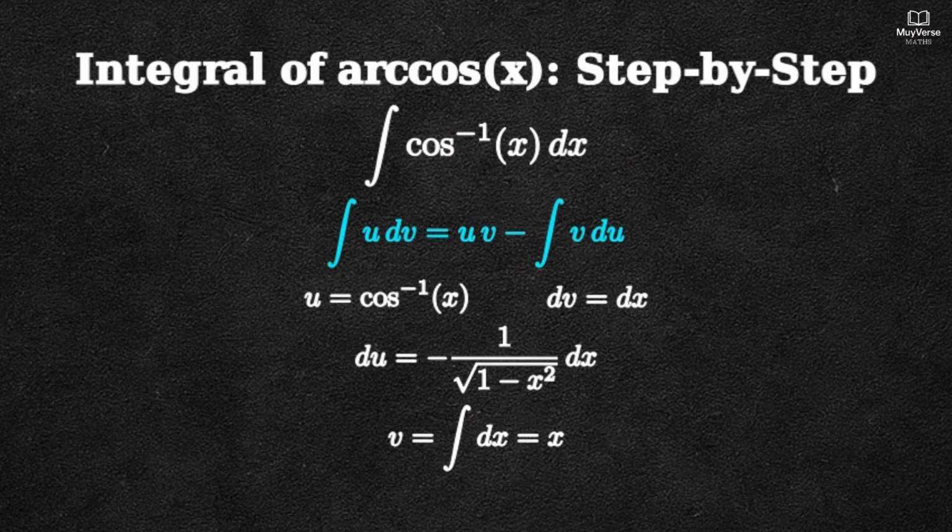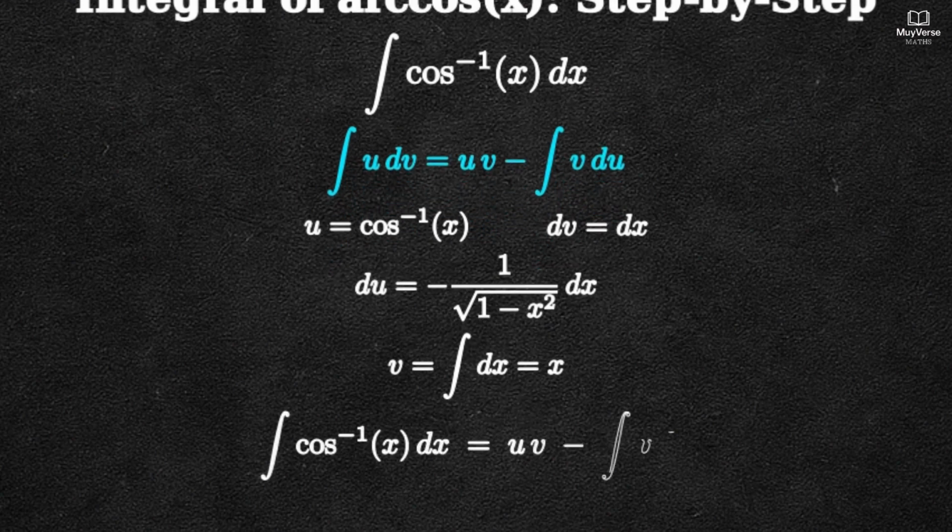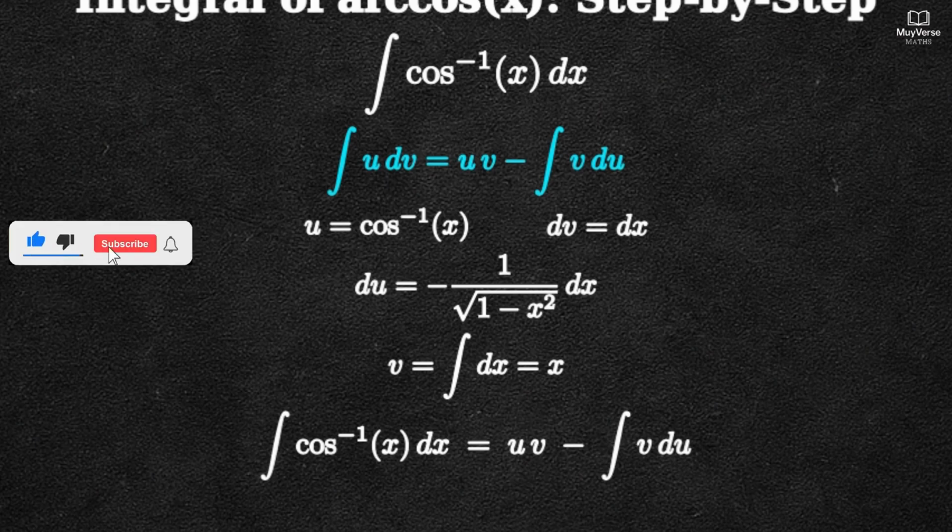So du equals negative 1 over square root of 1 minus x squared dx. And v is the integral of dx, which is x. Now substitute into the integration by parts formula: the integral of arc cosine of x dx equals uv minus the integral of v du.